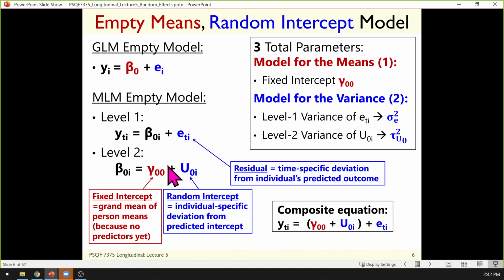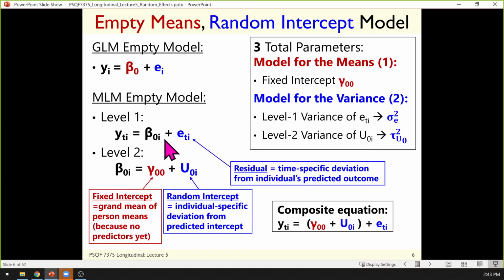So in a longitudinal analysis, now we're predicting YTI, Y per time per person. So that is a data structure in which each row is per occasion. That means I need an ID variable for which person is which, and I need an ID variable for which time is which. So all the Y's are in one column. The first thing that we encounter is beta 0, but beta 0 is no longer a parameter.